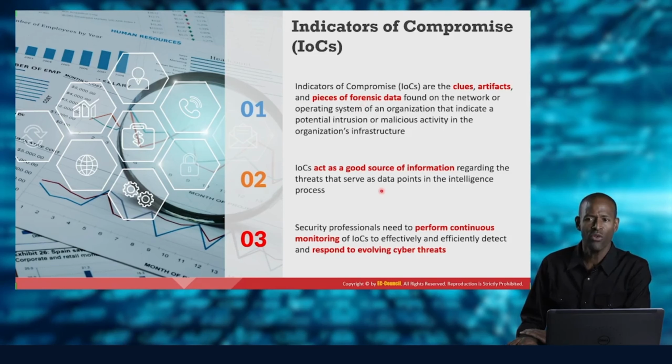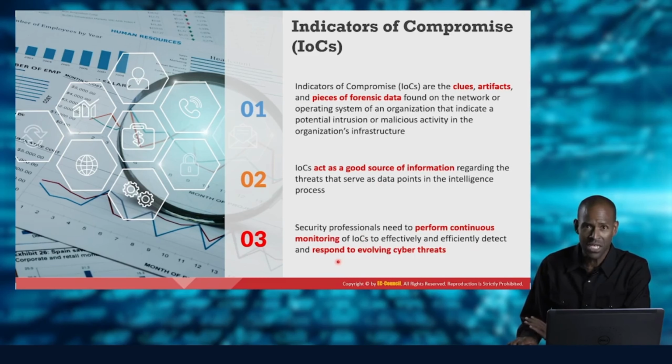They give you a good source of information about threats, and they can help in the intelligence gathering process. What we do as organizational professionals is continuous monitoring to try to find IoCs, and we detect.